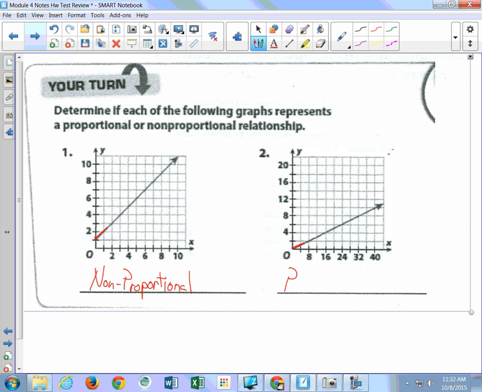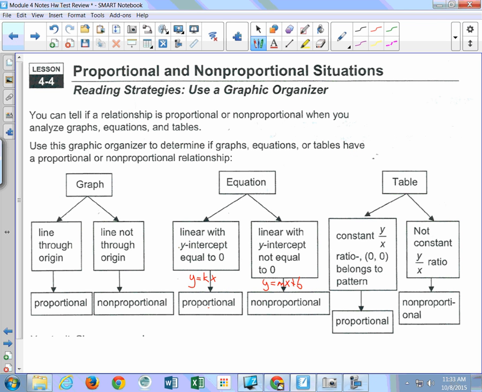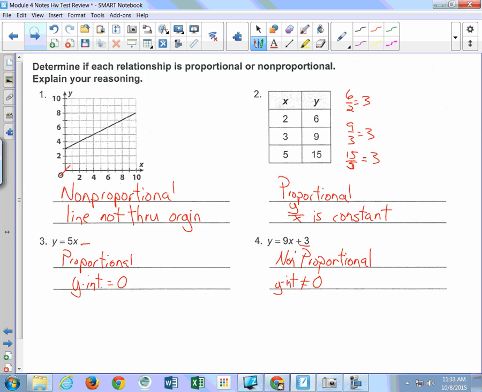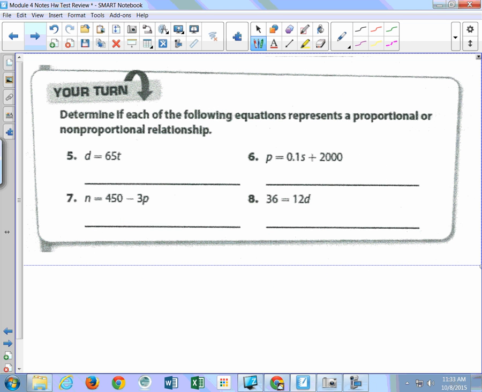Yes. So it is proportional. If you didn't remember the rules, just go back to your graphic organizer, look at the graph. And it says line through origin, proportional, line not through origin, non-proportional. All right, next one.